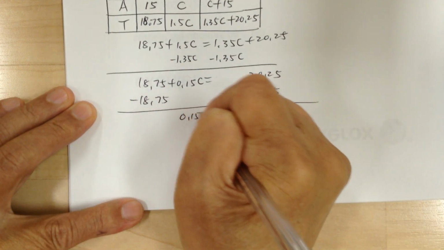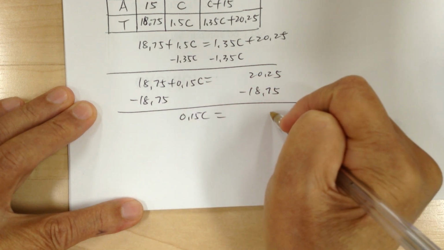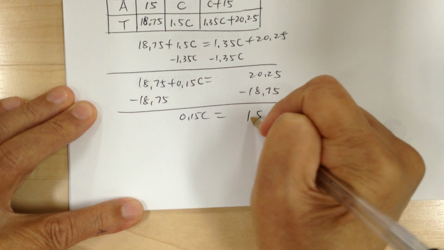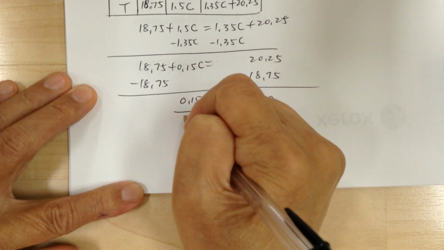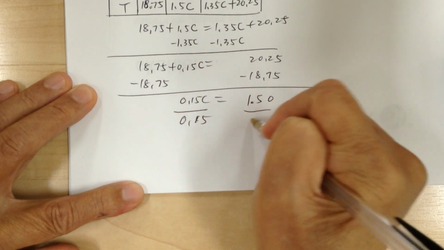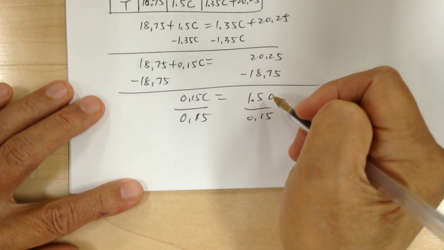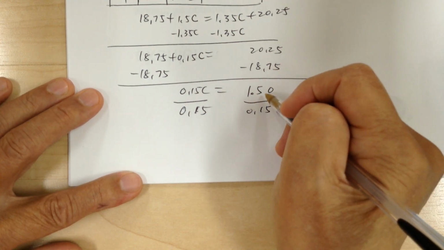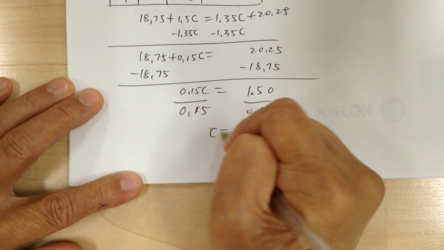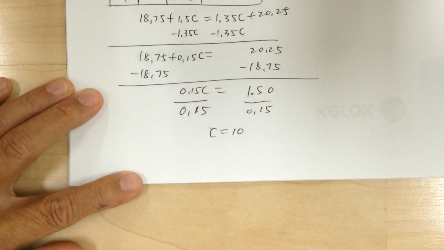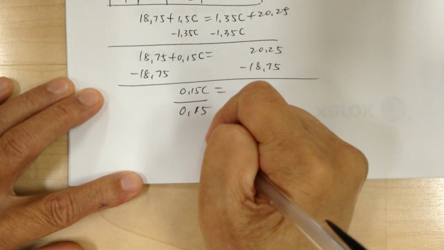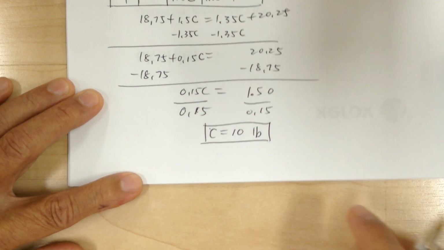So you got 0.15C is equal to 1.50. Divided by 0.15, divided by 0.15. Okay. And so you're going to get C equal to 10, and the label will be pounds.